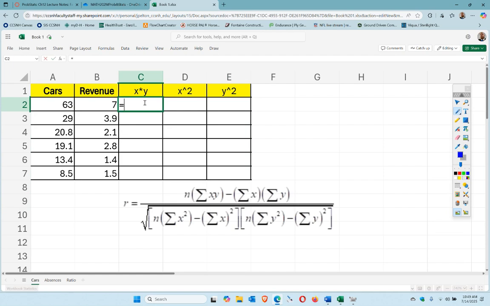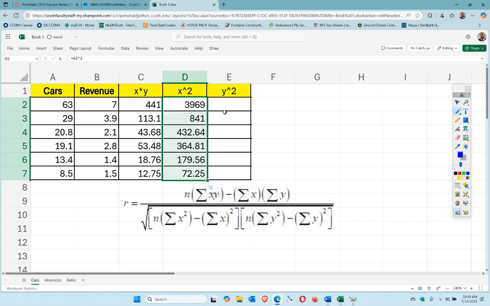Okay, so x times y, and drag it down, and x to the second power, and drag it down, and y to the second power, and drag it down. Okay, there we go.